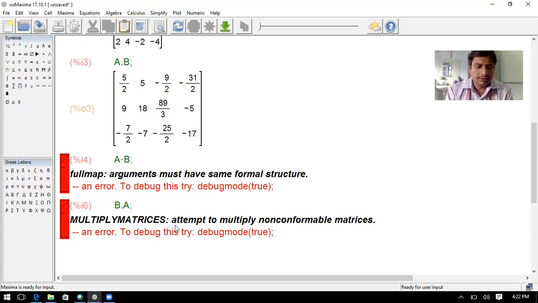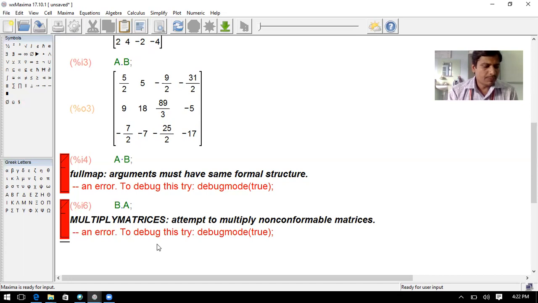Why? Because B has 3 rows and 4 columns, while A has 3 columns and 4 rows. That's why this is not a valid operation.